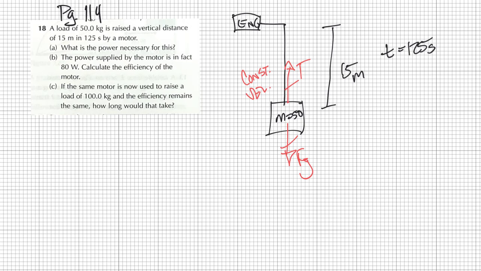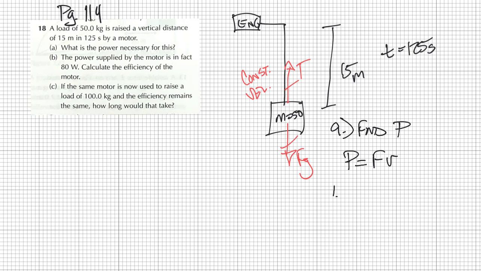All right, so what we can see is that I can find a velocity, or an average velocity at least, with this distance and this time. And we can use that to find power. So, find power. Power is going to be force times velocity.